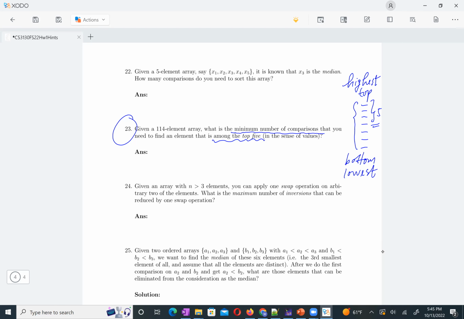But you may not have a good idea. When you look at this question, most likely you do not have any idea how to solve it. So here, let me give you some hint to help you find the right way to solve this question.